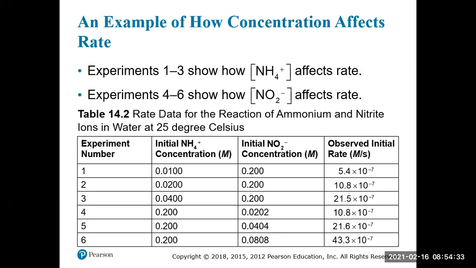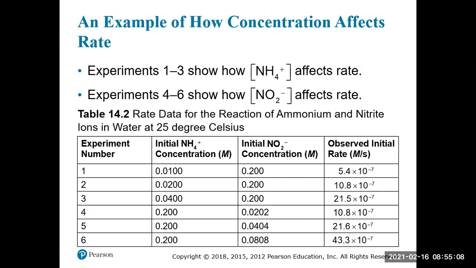In experiments 1 through 3, you can see that in each experiment, the NH4 plus concentration is doubled. The first experiment is at 0.01 molar, the second 0.02 molar, so that's twice the first one. Then the third one is twice the second one, 0.04 molar. The NO2 minus concentration has been held constant in this case at 0.2 molar.